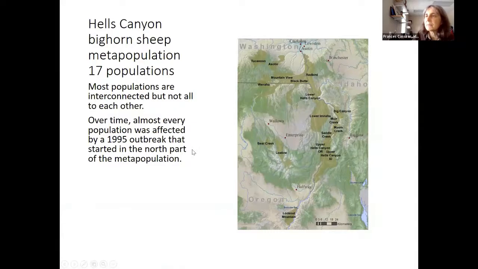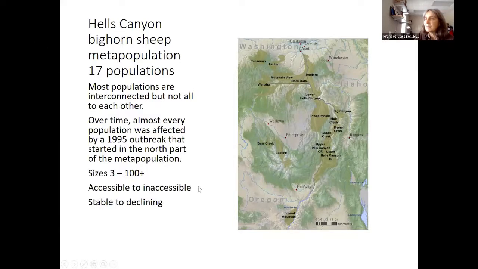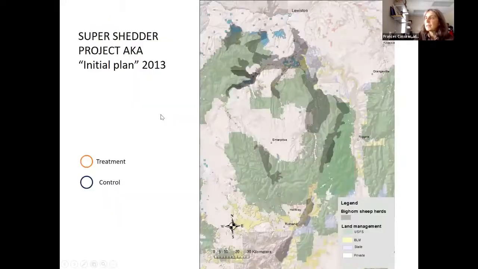The sizes of the individual populations range from really small to over 100. The accessibility ranges from very accessible to pretty much inaccessible. The populations have been stable to declining, and our objective is to increase them.